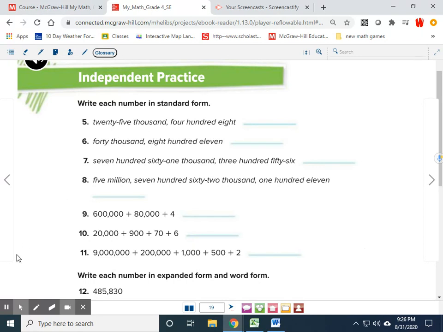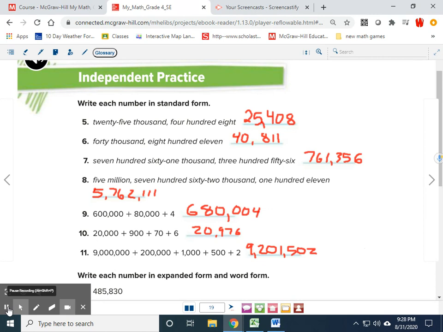You can pause the video and check your work. Okay, so you can check your work with what I just put down there and see how you did. Hopefully we have all the right answers, and we can go from there.